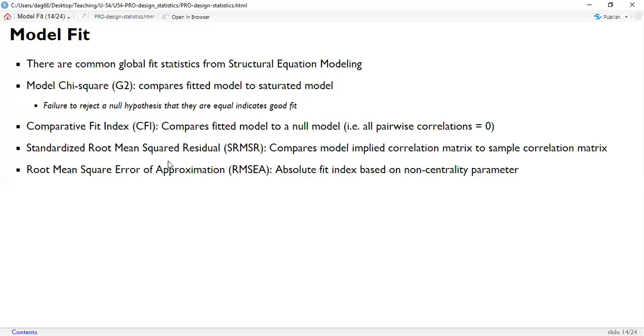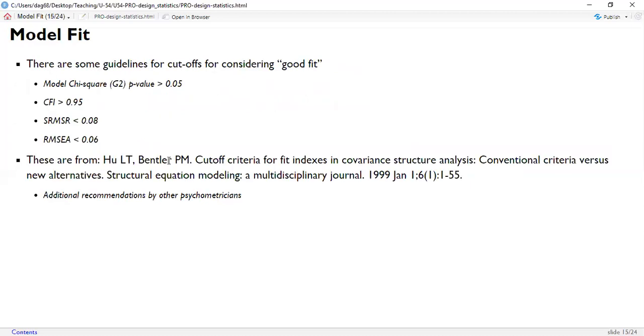So I'm not going to go over all of them in detail. I've actually done that in a previous seminar lecture where I talked about structural equation modeling. But I wanted to redefine them here for those of you who haven't seen that one. So to evaluate whether your model has good fit, psychometricians have developed some cutoff values for each of these statistics, where they suggest that if all of these are true, or some combination of these are true, then you have a good fitting model.